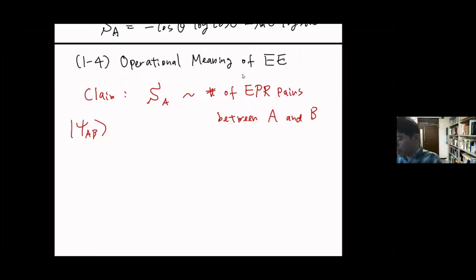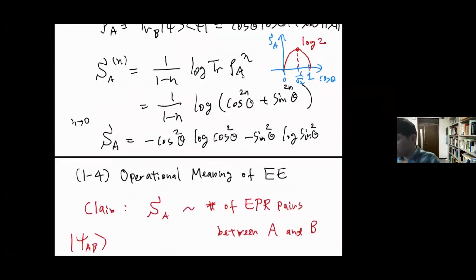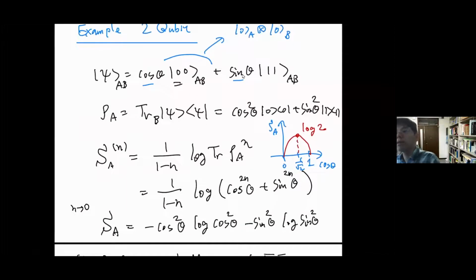So you can draw some picture: we have A system, and B is just the black dots. In general, you can imagine some middle value of theta here, for example.